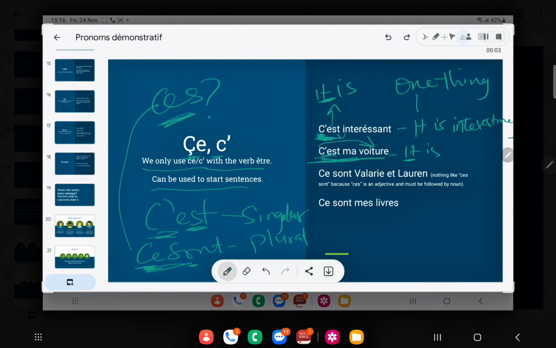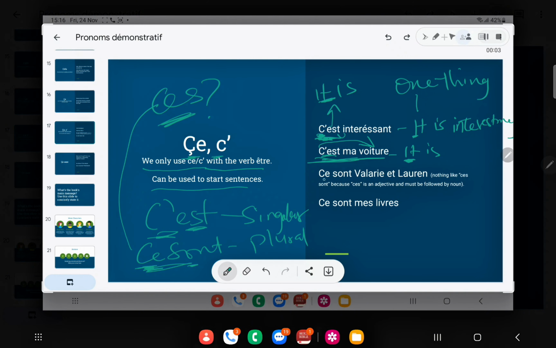It is my car. Perhaps somebody had mentioned car previously by saying, perhaps someone told you, regardez cette voiture. Regardez cette voiture, look at this car. And then he follows up with the statement, c'est ma voiture, it is my car. So it is the demonstrative pronoun here.